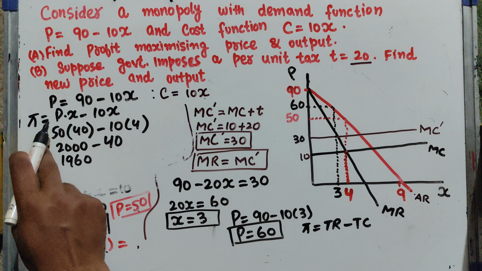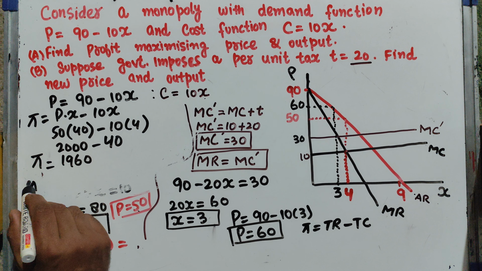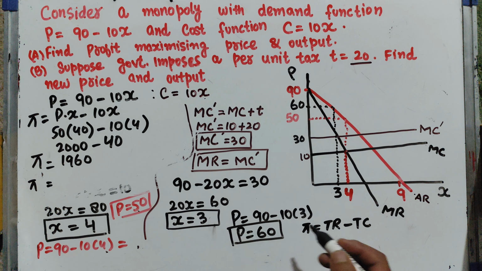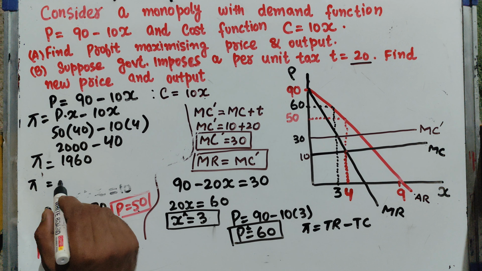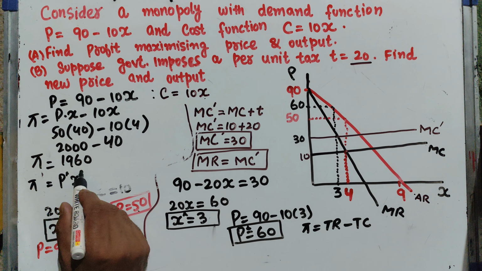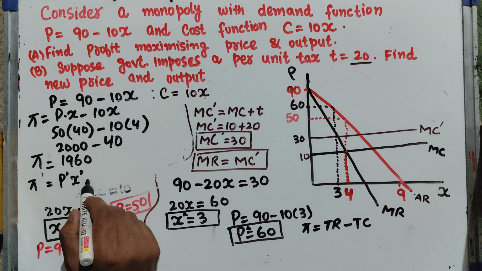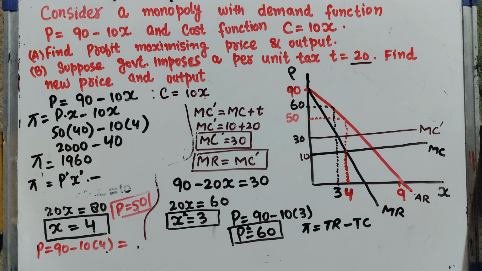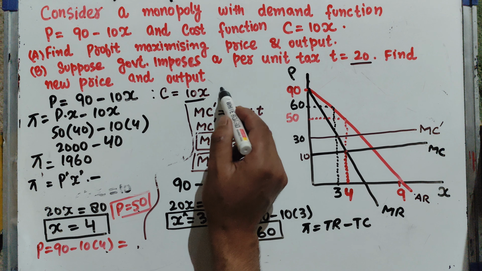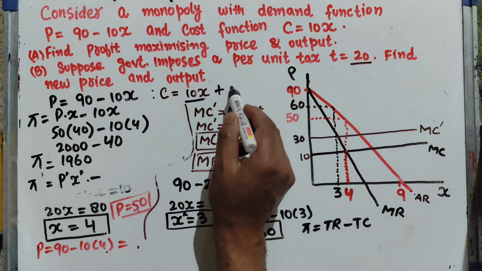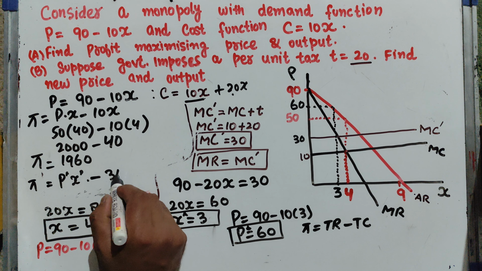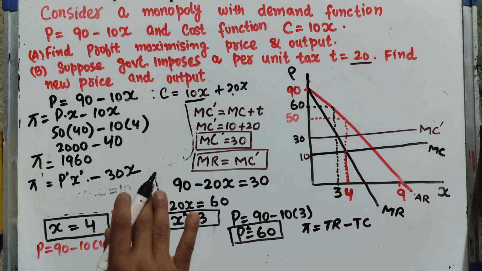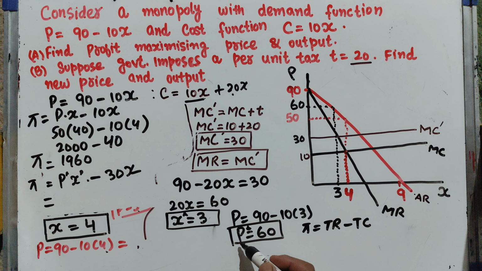Now the new profit will be equal to, let us suppose this is x star and this is p star, p star into x star minus the new cost, which will be equal to 10x plus the per unit tax of 20x, which is 30x. Price is 60, quantity is 3, so we have 60 into 3.